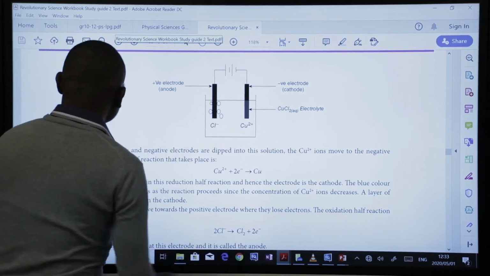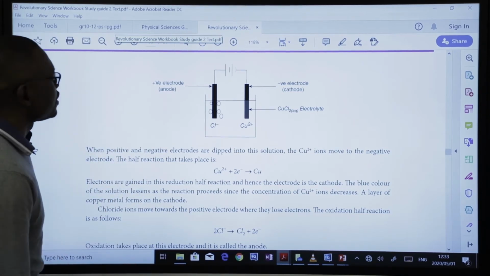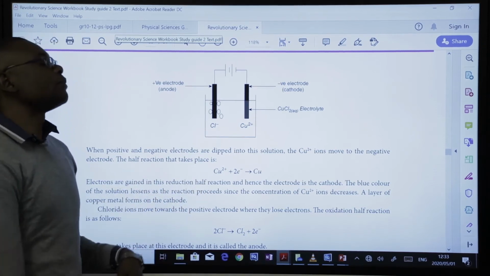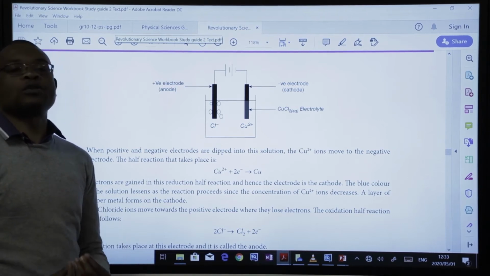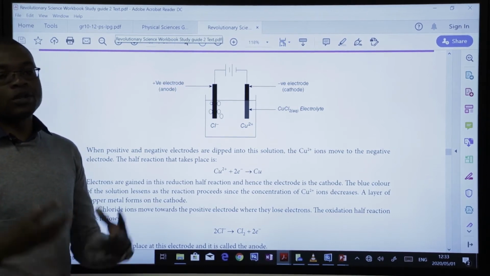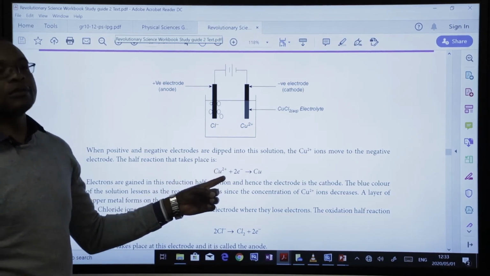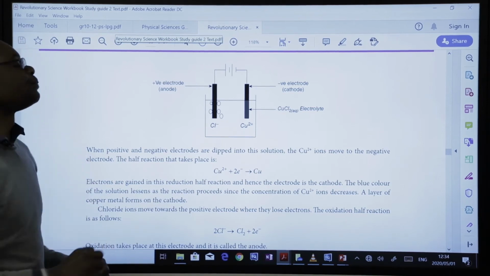Okay. And the half reaction that takes place at the cathode is such that when the copper ions reach the cathode, they are going to pick up electrons.